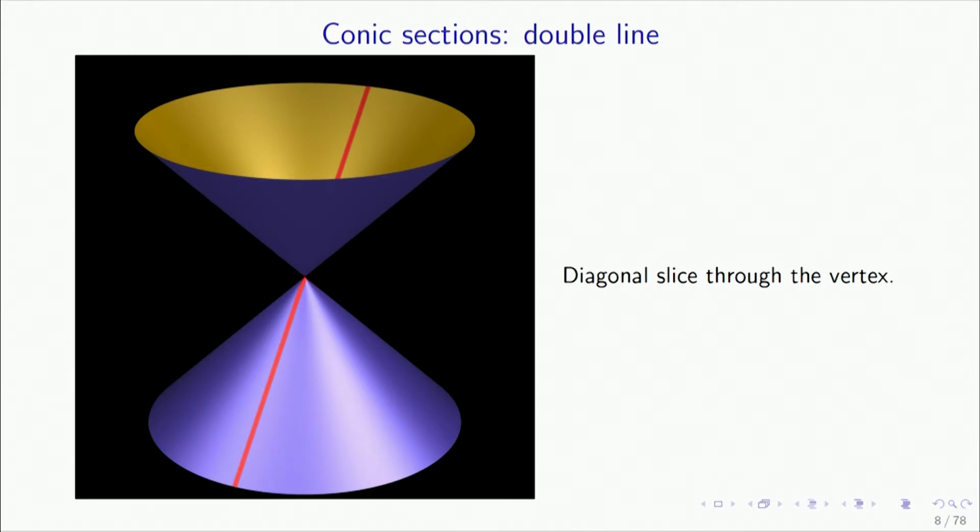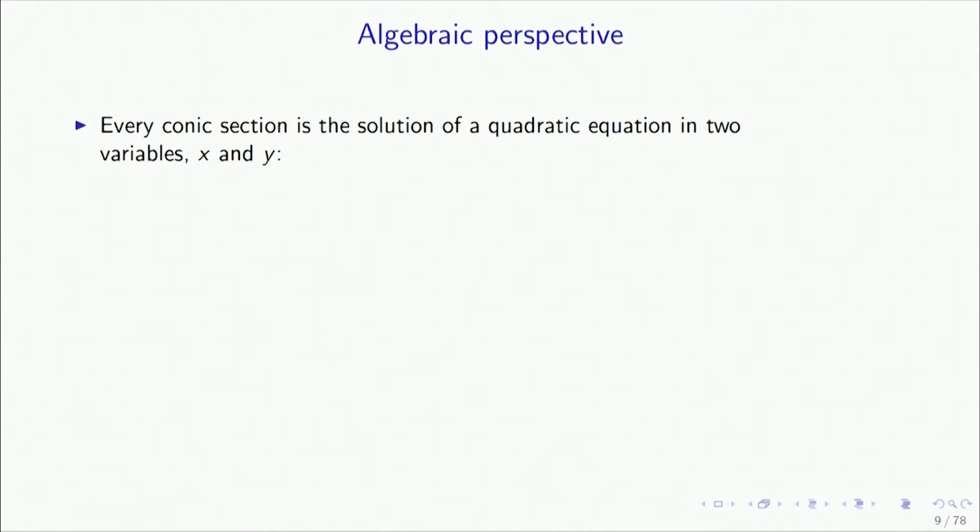Of course, we have a quite different perspective nowadays, and that's the algebraic perspective. I study algebraic geometry, which has two sides of one coin, the algebra and the geometry. The algebraic perspective is that you should think of a conic section as the solution of a quadratic equation in two variables. Let's call them x and y. And then there's a bunch of possibilities.